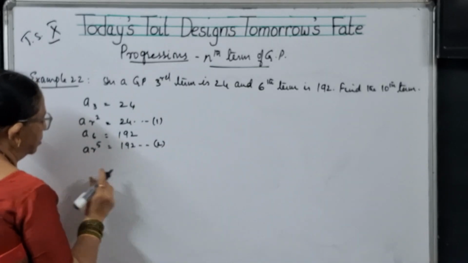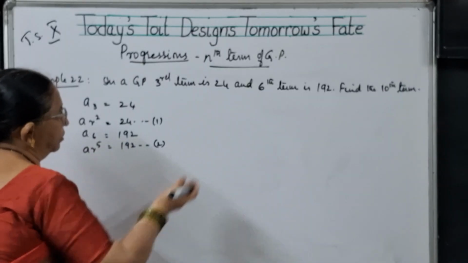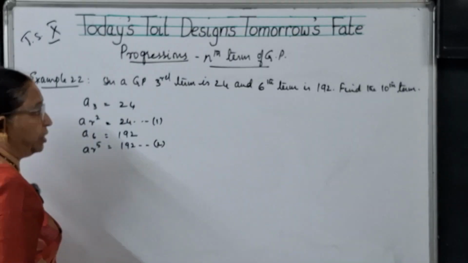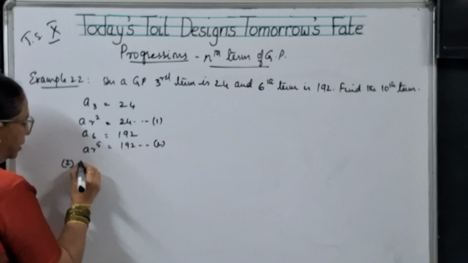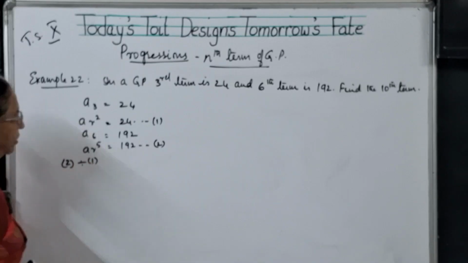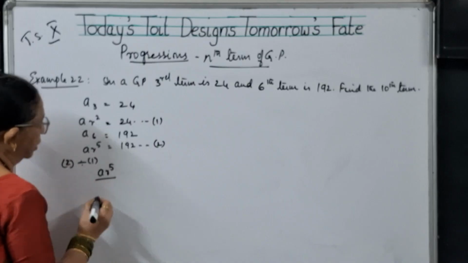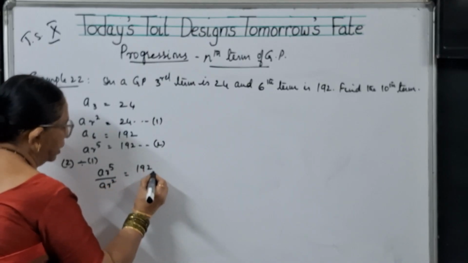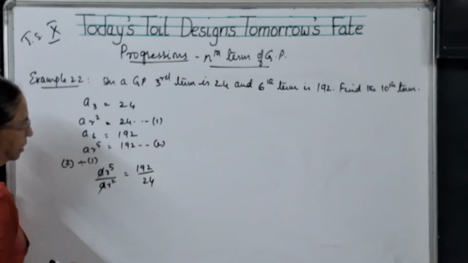This is the second equation. Now, since nothing is given about the first term a and the common ratio r, and they are asking us to find the 10th term, we need to find what a is and what r is. So first, divide the second equation by the first equation. That is a r to the power of 5 by a r square is equal to 192 by 24. a and a will get cancelled.